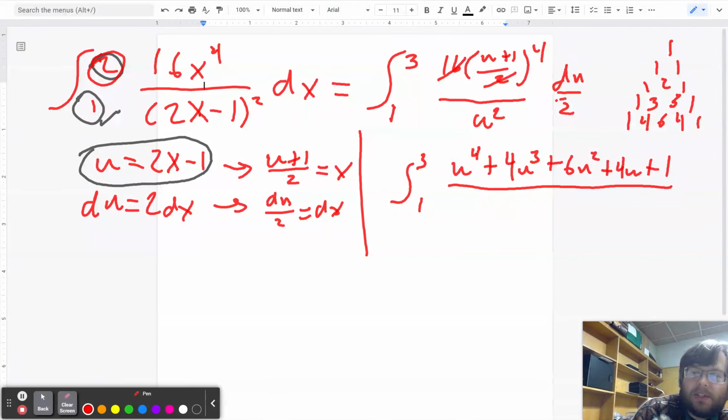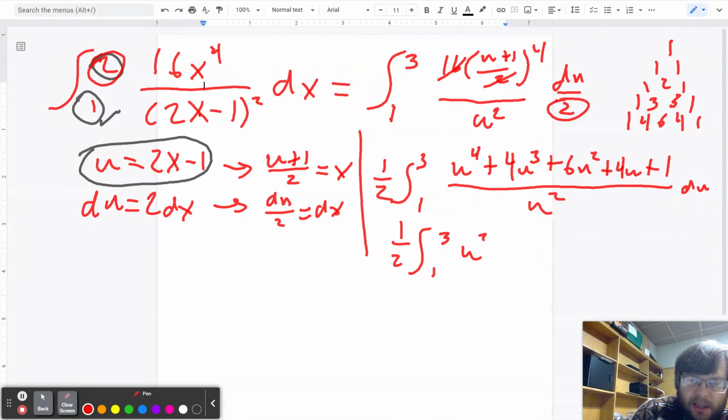I still have this extra 2 here, so let's bring that out front. And I still have a u squared on the bottom and a du. So then I get 1/2 integral from 1 to 3. I'm going to divide each term by u squared, and then integrate.